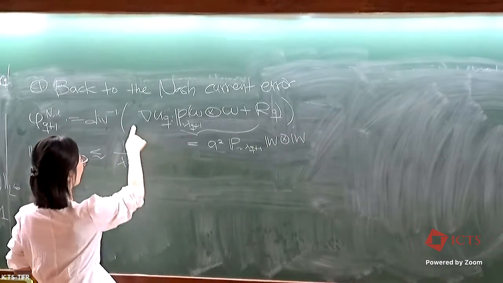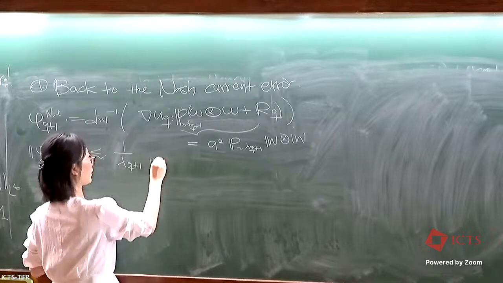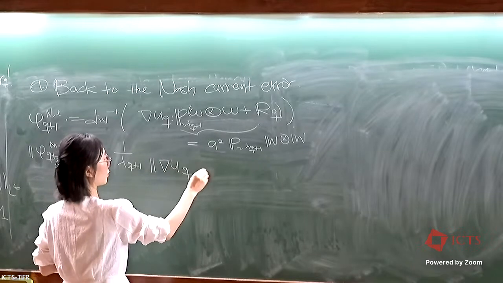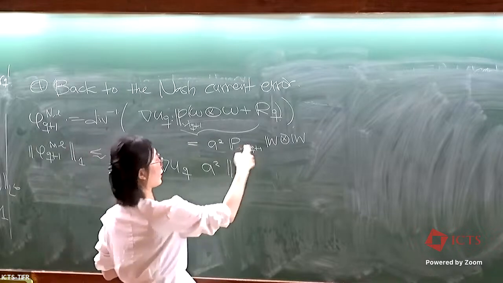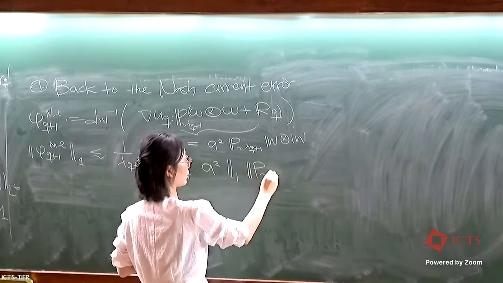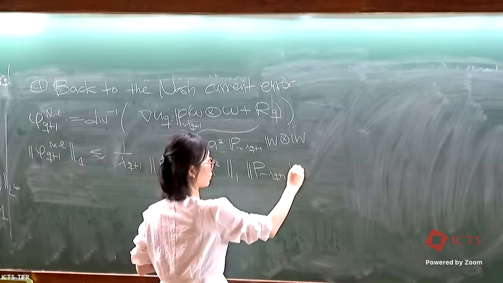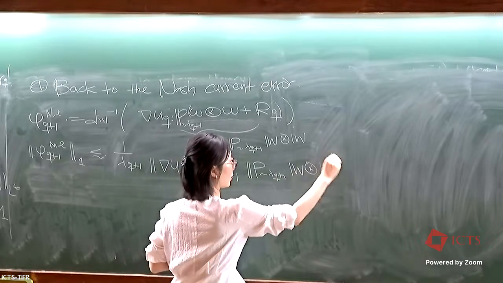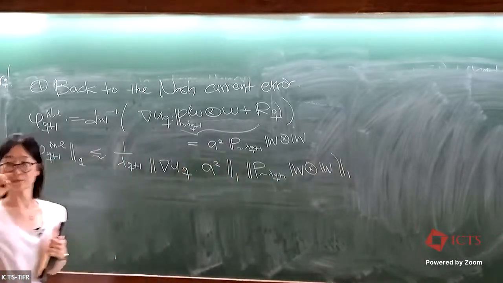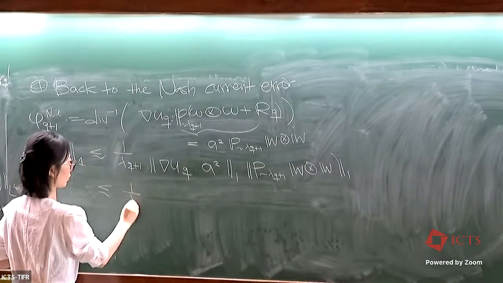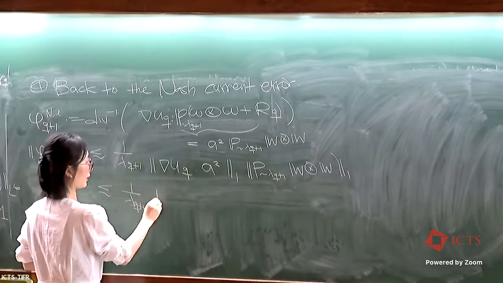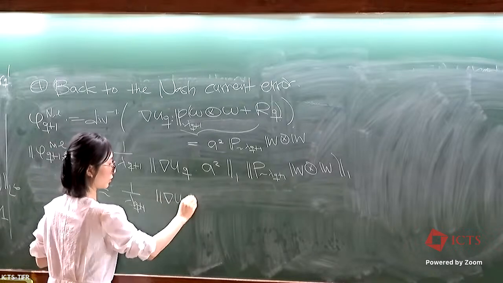If you apply the decoupling lemma, here you will have q a square, which are low frequency, and you apply the L1 norm. And for the remainder, the high frequency part, we apply L1. And then here I'm going to just use Hölder, then it's L1 of q plus 1 and L3 norm of uq.